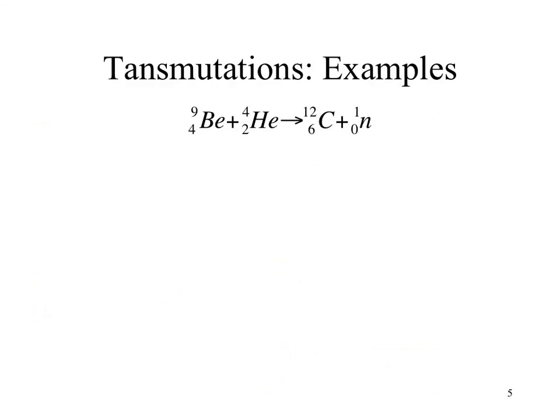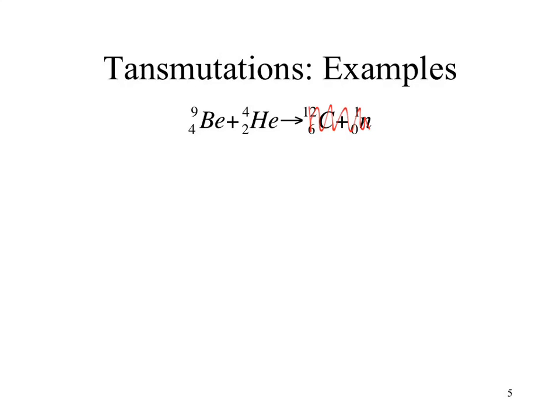Okay? On an exam, what I would provide to varying extents, I would not say, tell me what the products are when we smash beryllium against helium. Okay? I wouldn't know how to predict that. I don't expect you to know how to predict that either.